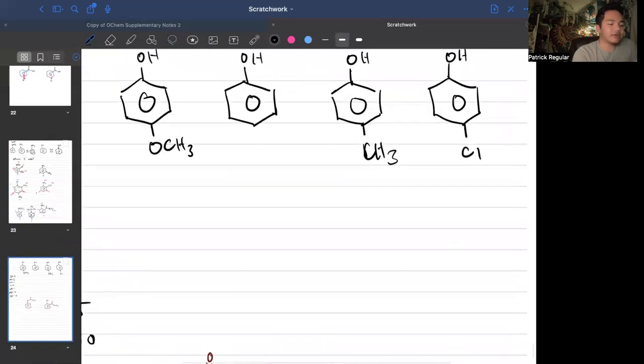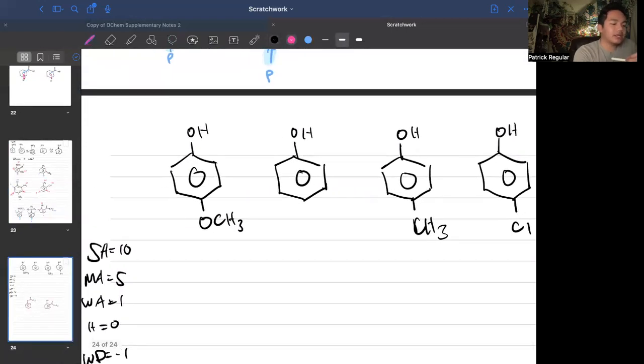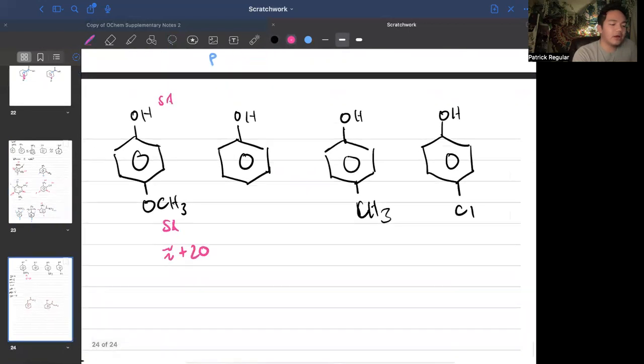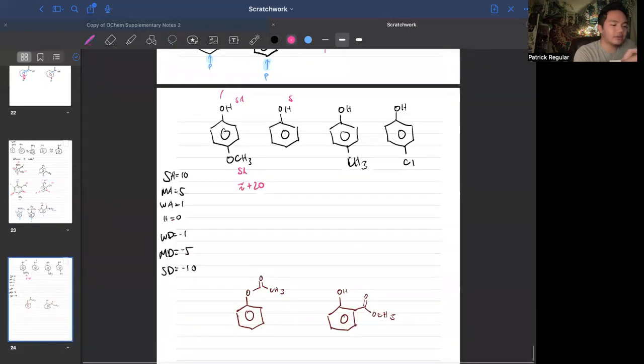So in that logic, let's look over here. OH and OCH3, that is a strong activator. Strong activator is going to have a value of relatively +20. OH is a strong activator, so relative value +10. Over here, we have a strong activator, weak activator, +10, +1, a value of, these are supposed to be squiggles, of around +11.